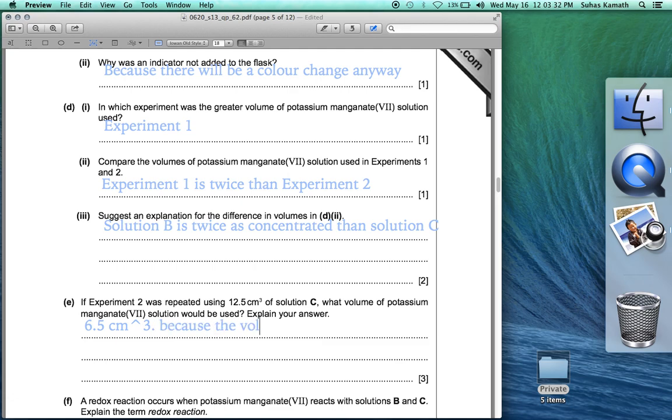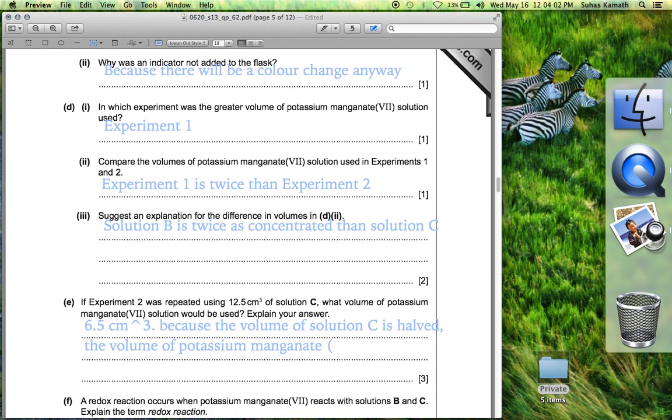Because the volume of solution C is halved, the volume of potassium manganate 7 solution is also halved.